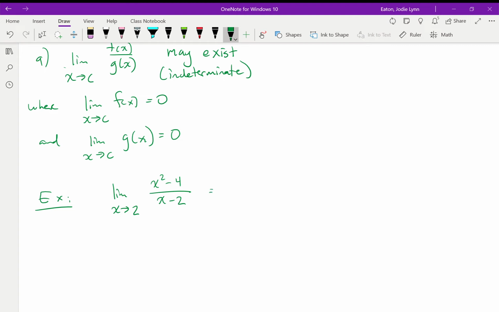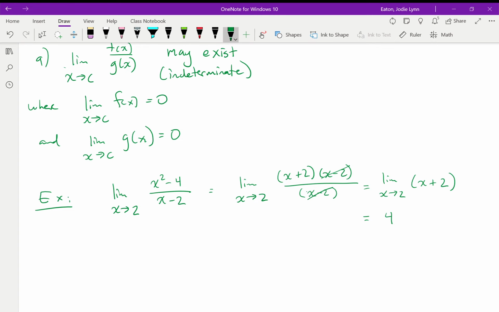So this is equal to the limit as x approaches 2 of x plus 2 over x minus 2 divided by x minus 2. And we can cancel this right here. So this is equal to the limit as x approaches 2 of x plus 2, which equals 4.